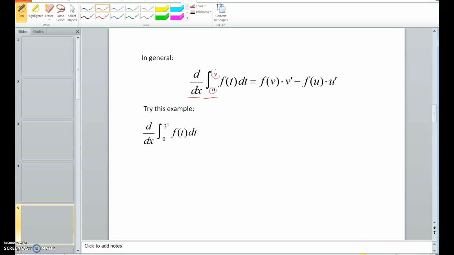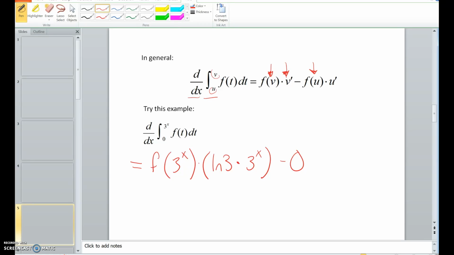The answer is you plug the upper bound into f and multiply by the derivative of v. Then you subtract f of u times u prime. So here's an example for you to try. I'll give you a second to give it a whirl, pause it, and then I'll put the solution up here.